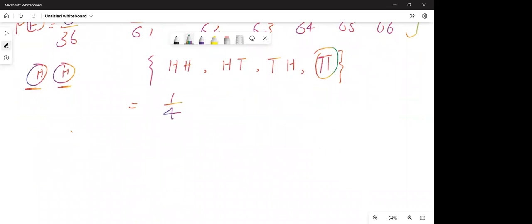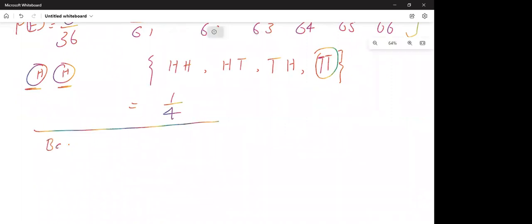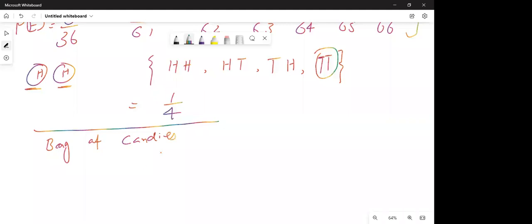But let's say we have a bag of candies. Let's say there are 3 blue, 2 white, and 5 red candies.